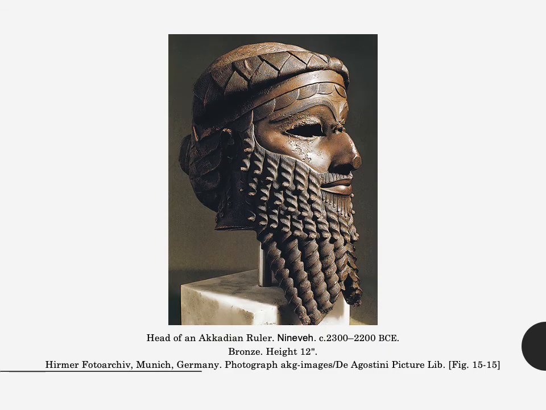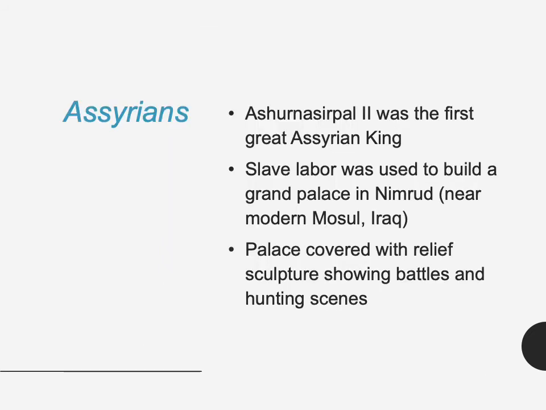So the government we had after the Akkadians is Assyrian, and in the Assyrian, Ashurnasirpal was one of the most powerful kings, and he was very powerful.